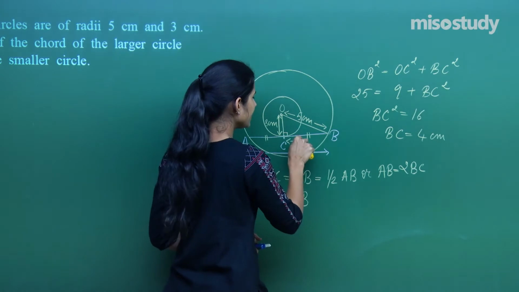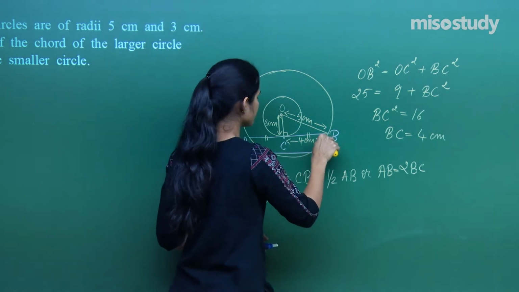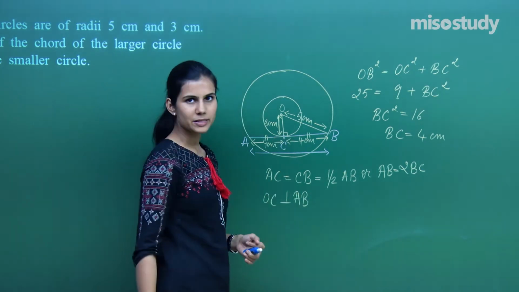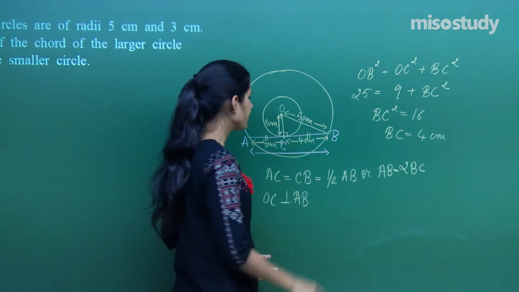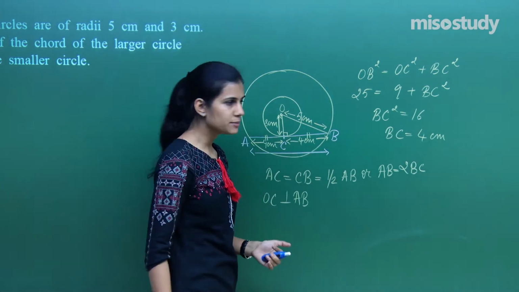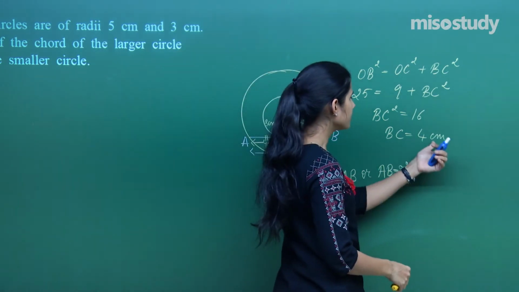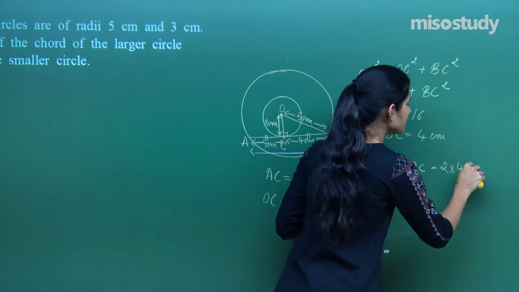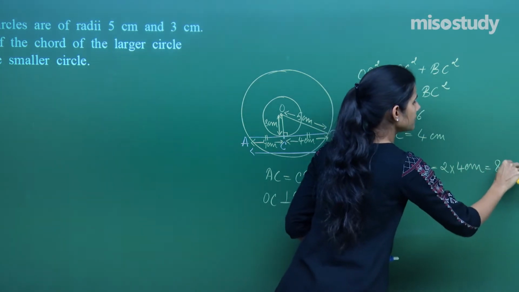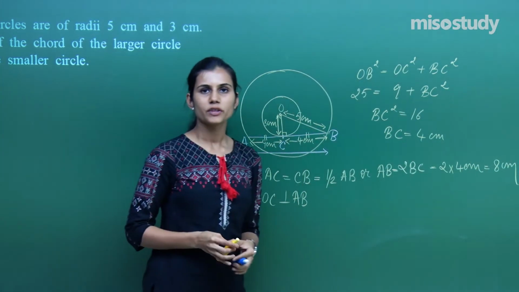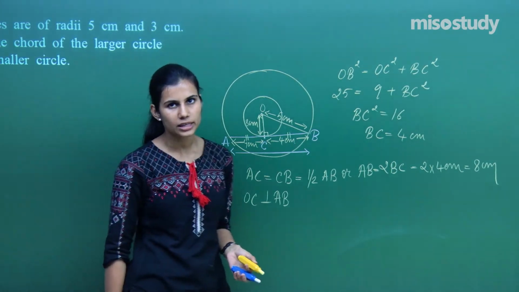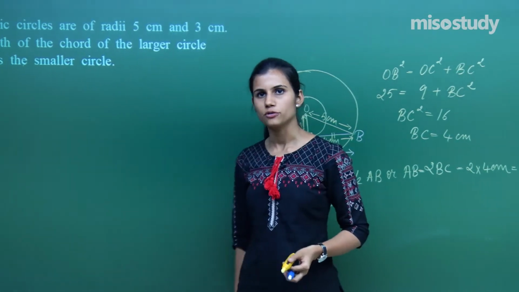The moment BC comes out to be 4 centimeters, AC is also 4 centimeters. Why? Because AC is same as BC and therefore AB's length is 4 plus 4, that is 8 centimeters, or you can directly from here compute AB, which is twice of 4 centimeters, which is 8 centimeters. So the length of the chord of the larger circle which touches the smaller circle when the two are concentric is 8 centimeters in this scenario.